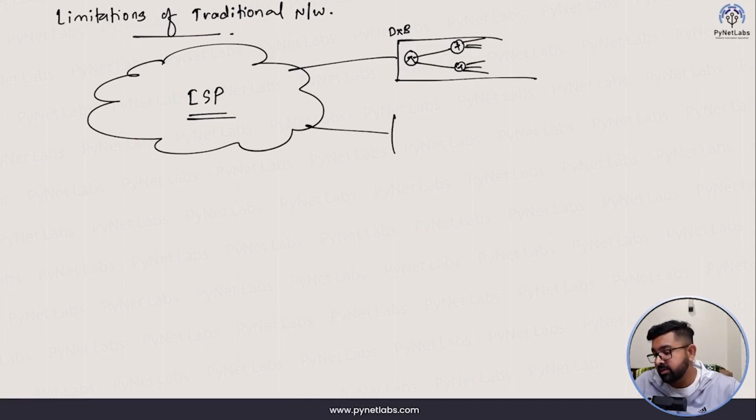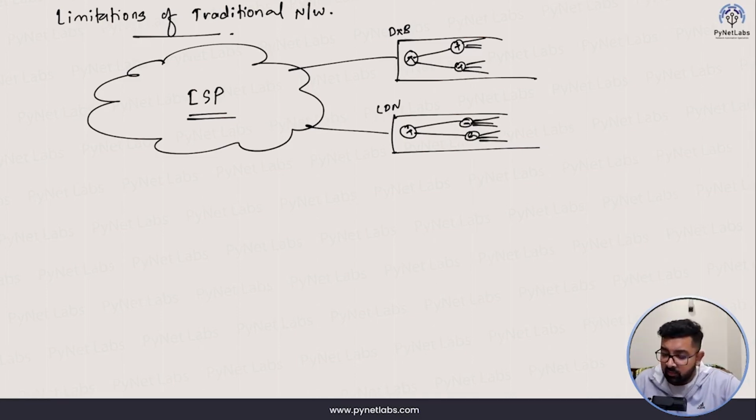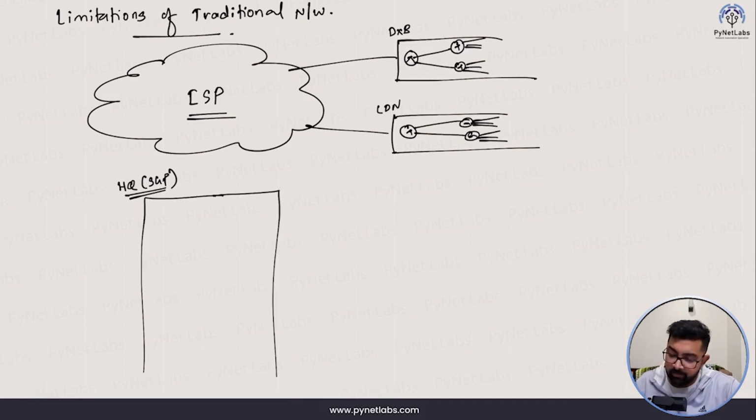Similarly, we have another site that is in London, and we have a WAN edge router and a similar kind of architecture. And then we also have a headquarter in maybe Singapore, and we have a server there.